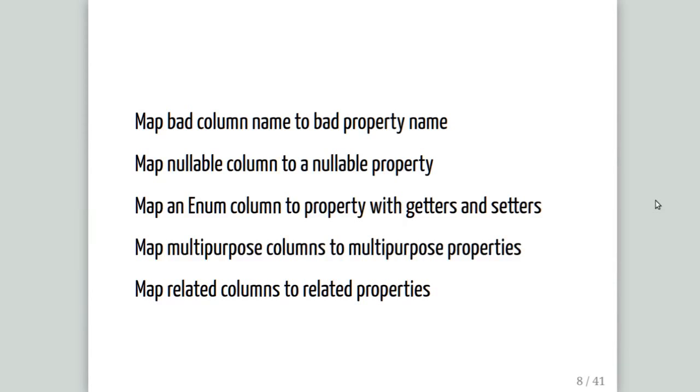And mapping enum column types in general. By enum here, we don't necessarily mean a database enum, but any set of values that is valid for a column. Then multi-purpose columns to multi-purpose properties, which we should not do either. And the last one is related columns to related properties. So we will take them one by one to see one example from each situation.